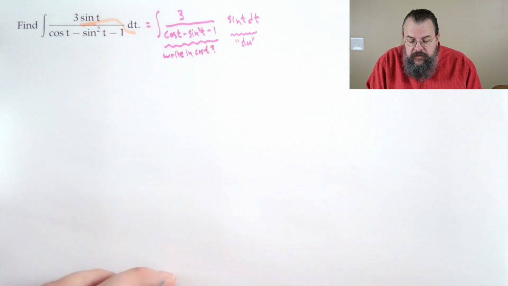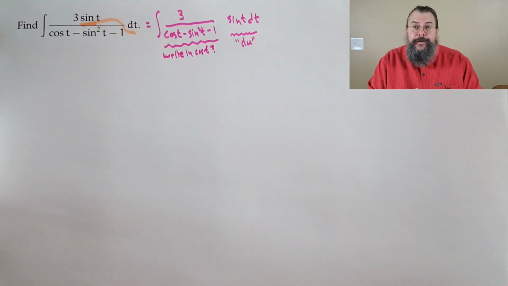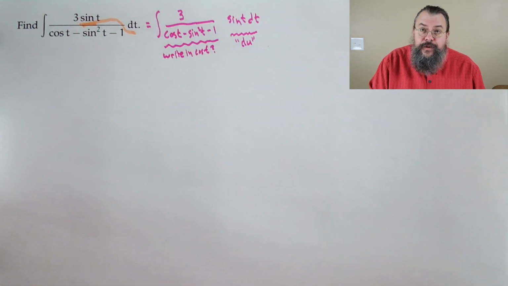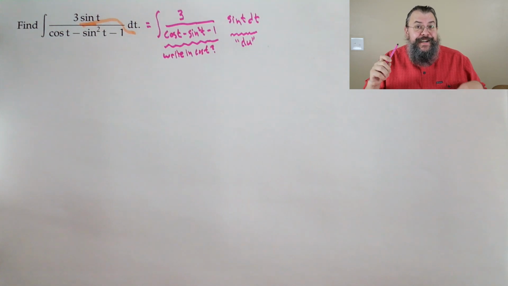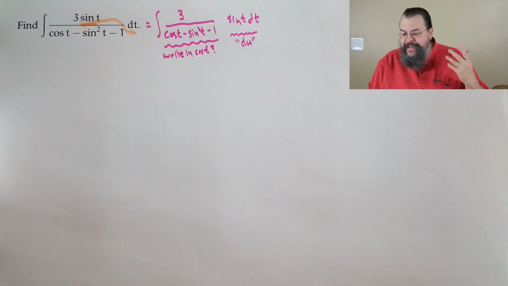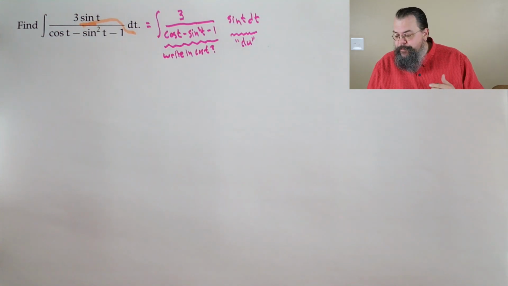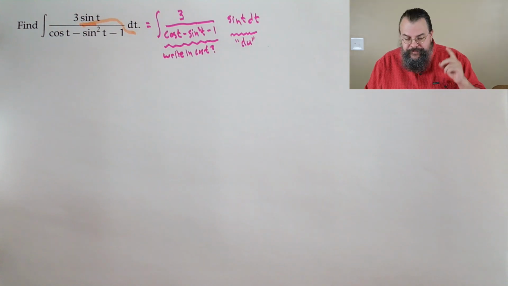If the answer is yes, then aha, great substitution ready for us. Well, the only thing that's not cosine is that sine squared. But wait a second, there's a really nice fact: sine squared is a lot like cosine squared, because you have that lovely sine squared plus cosine squared equals 1.